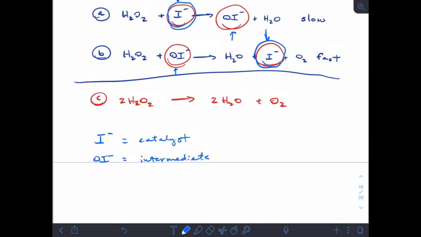Okay, so let's take a look. What are the rate laws? For reaction A, the rate law will be rate equals, and these are elementary reactions because they're part of a mechanism, so the rate equals, we'll call this k1, H2O2 times I minus.